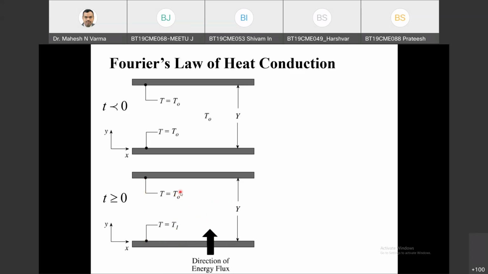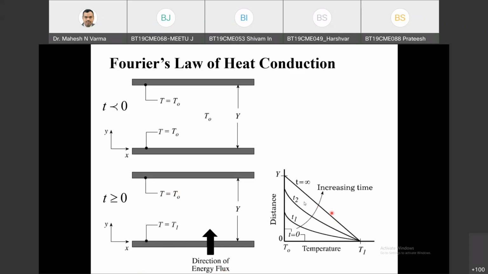The same was the case in momentum transfer, but that time it was very difficult to visualize how momentum is transported in the y direction when the fluid is moving in the x direction. But here it is very easy.